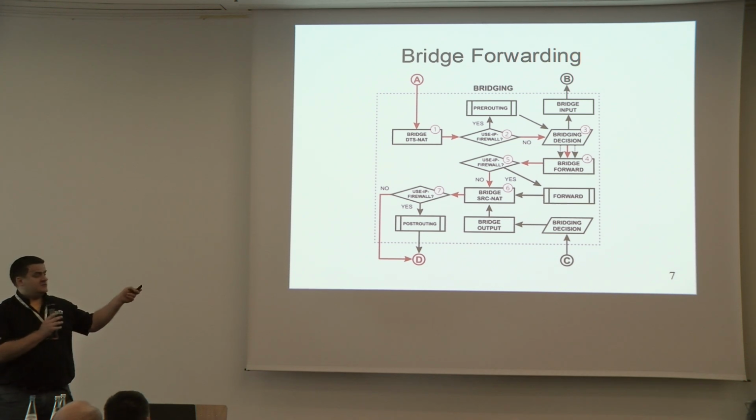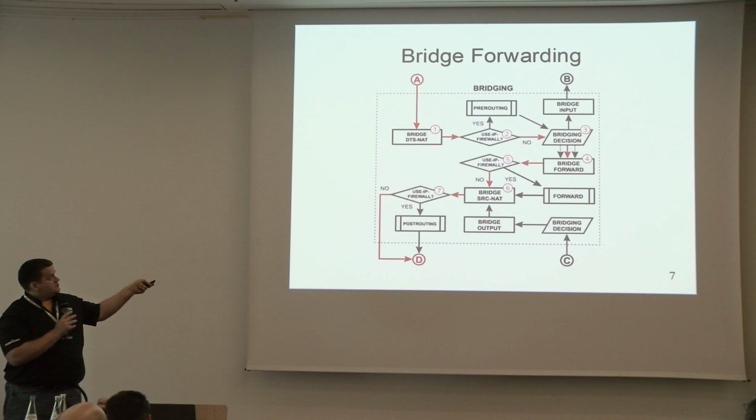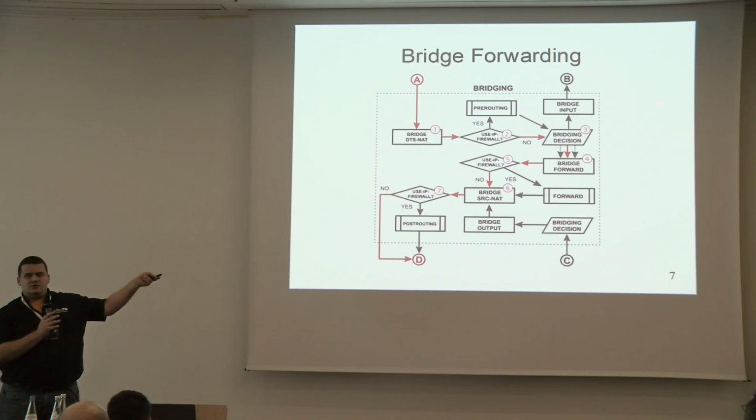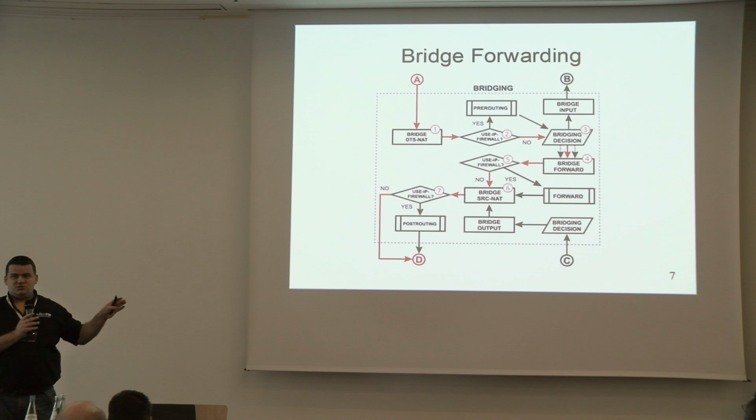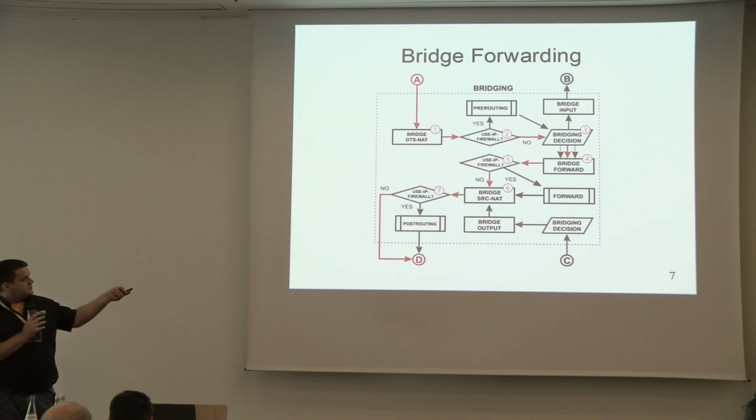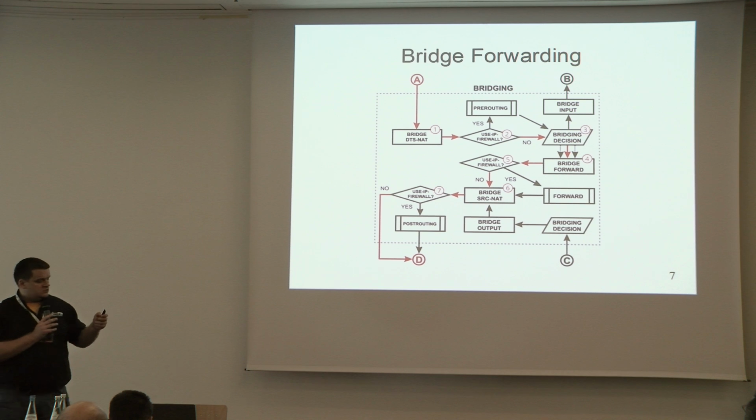It's a very specific feature, but it needs to be there. So use IP firewall feature, yes or no. Bridge decision is the only one that we're using 100%. So if you have a bridge, you will have a bridge decision, and you will go there. Then bridge filter forward, bridge source NAT, and so on. So lots of boxes that we need to travel through.